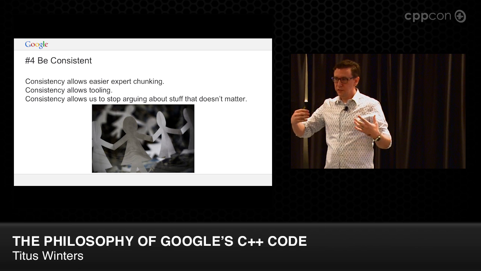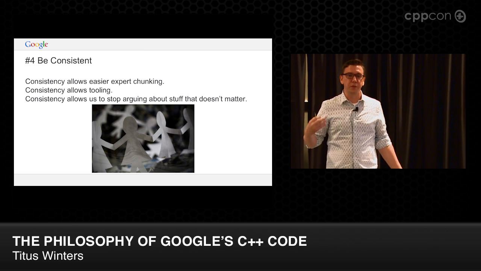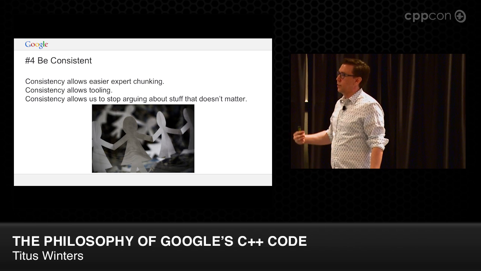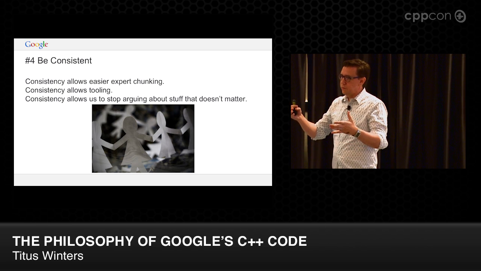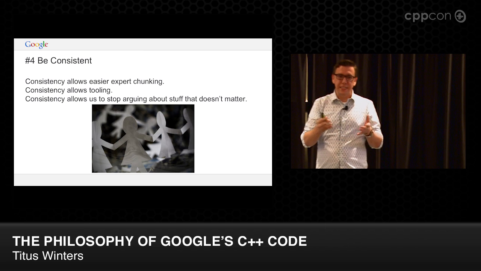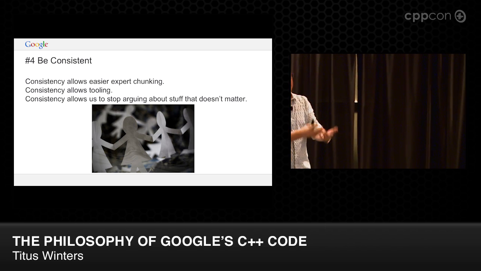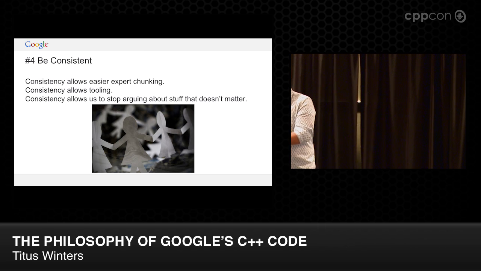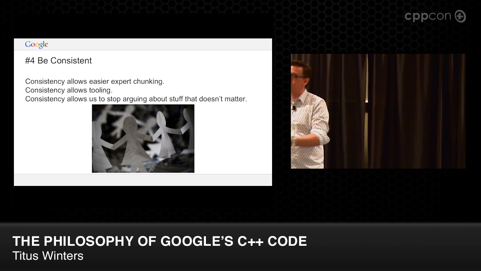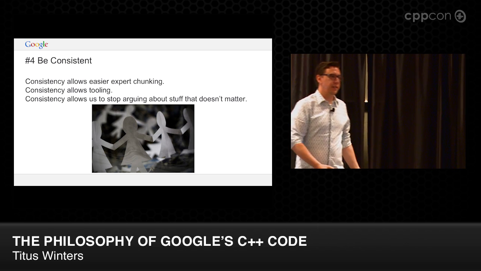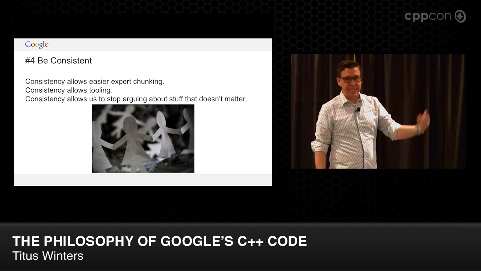There's a cognitive difference in how experts perceive a problem than how novices perceive a problem. This works when things are structured in similar ways. If we solve all of our problems with the same set of infrastructure and interfaces, and we format them in reasonably consistent ways, it's much easier for an expert to glance at a piece of code and understand what it's doing. This is much like what Bjarne was saying yesterday, with find if.